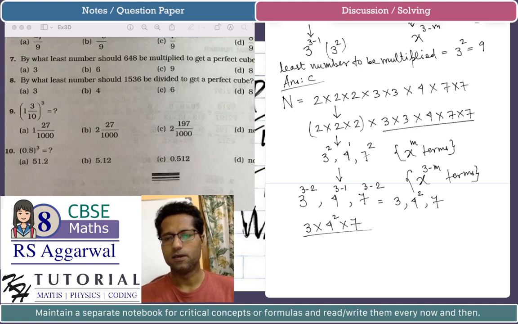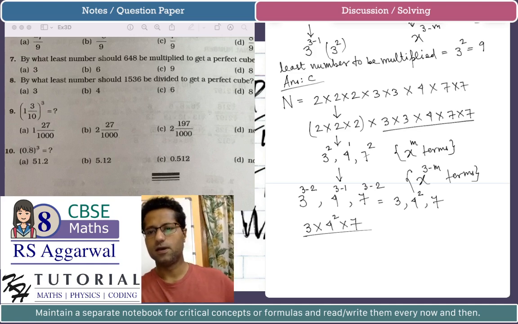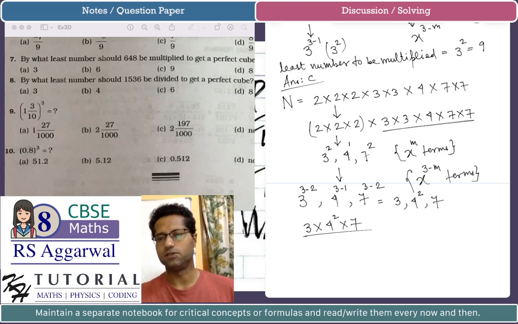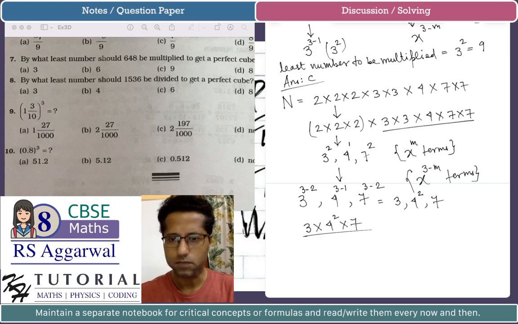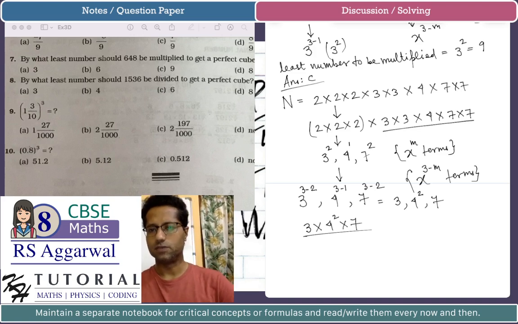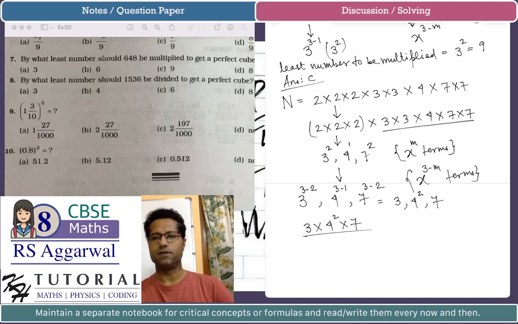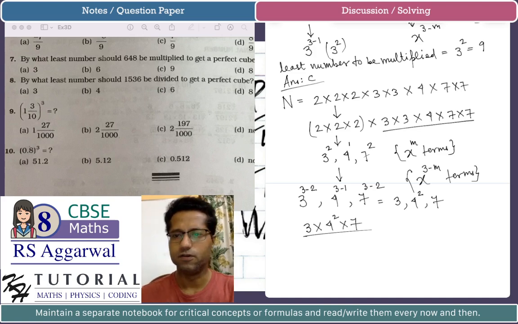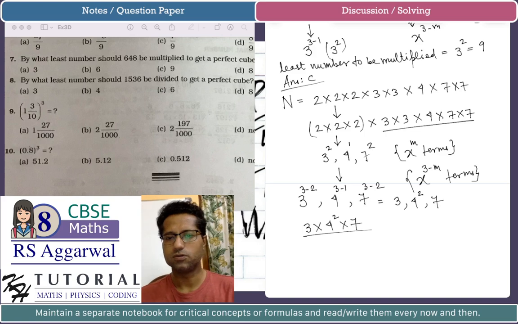If I multiply n with another 3, there will be three 3's, so it will form a triplet. Similarly, we have one 4, so I have to multiply n by 4 twice, that is 4 into 4, then it will form a triplet. Similarly, we have 7 into 7. I need to multiply n with 7 so that 7 into 7 into 7 forms a triplet. Hence, the least number to be multiplied to make n a perfect cube will be 3 into 4 square into 7. Okay.